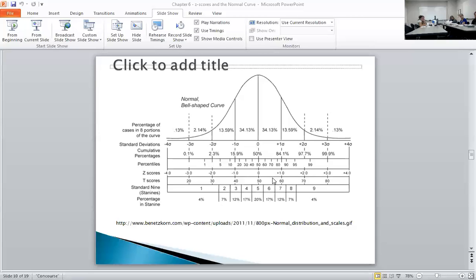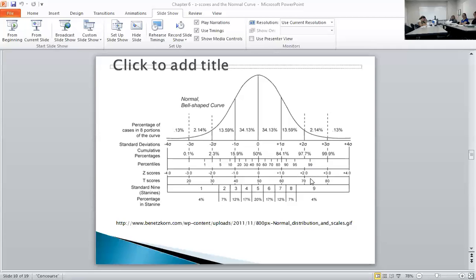If I get a T-score between a 60 and a 69, that tells me that kiddo is at risk for greater difficulties. Let's say I'm looking at depression or I'm looking at hyperactivity. If I get a T-score of 65, that is saying to me that child is at risk for greater difficulties from depression or from hyperactive behavior. If I get that kiddo who is 70 or above, that says to me this is a definite difference, and this is something I really need to look at for this particular child.